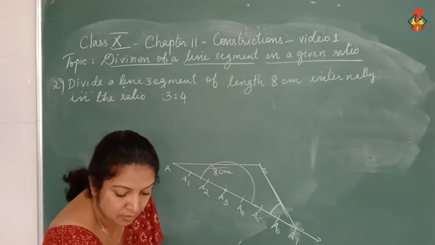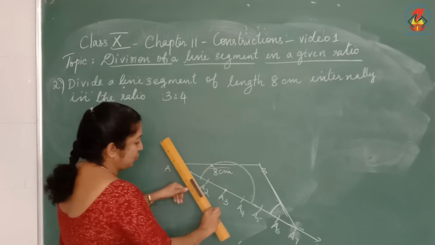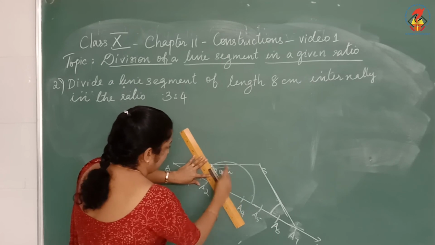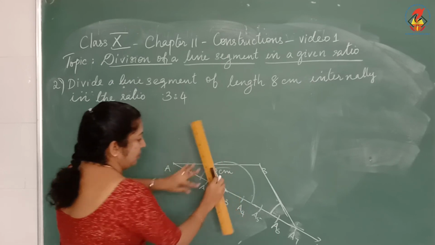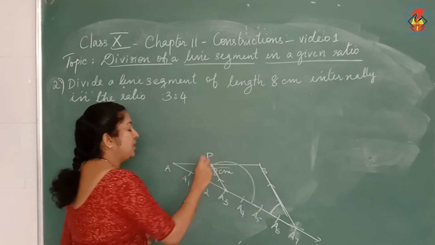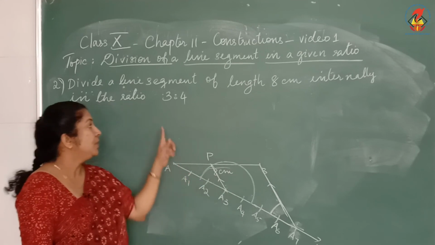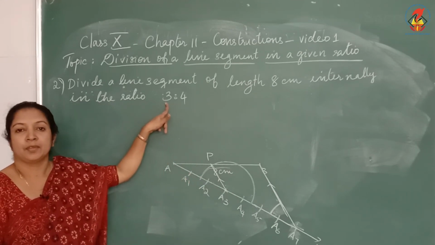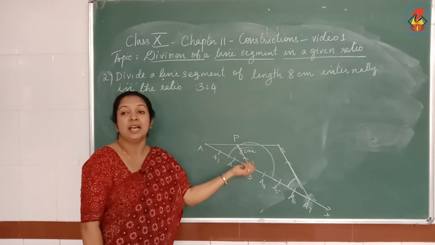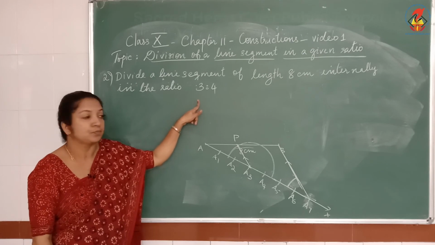You have to join these two points, A3 and this point. Yes, these two are parallel. We can mark this point as P. So P divides AB in the ratio 3:4. You can measure the values of AP and PB and check whether it is in the ratio 3:4.